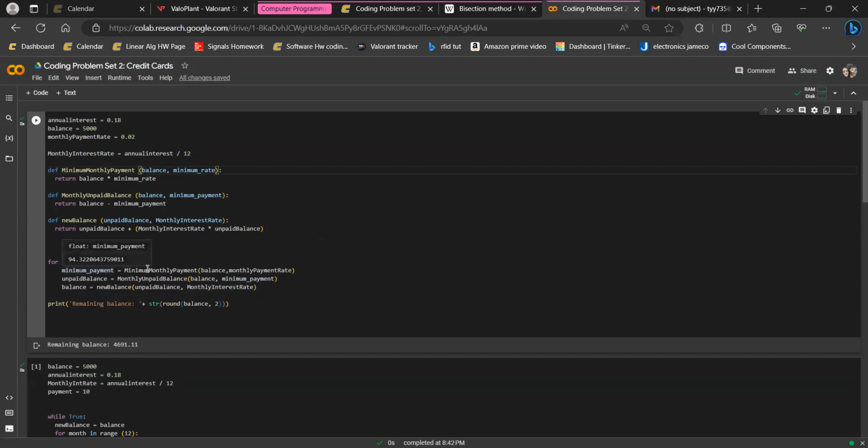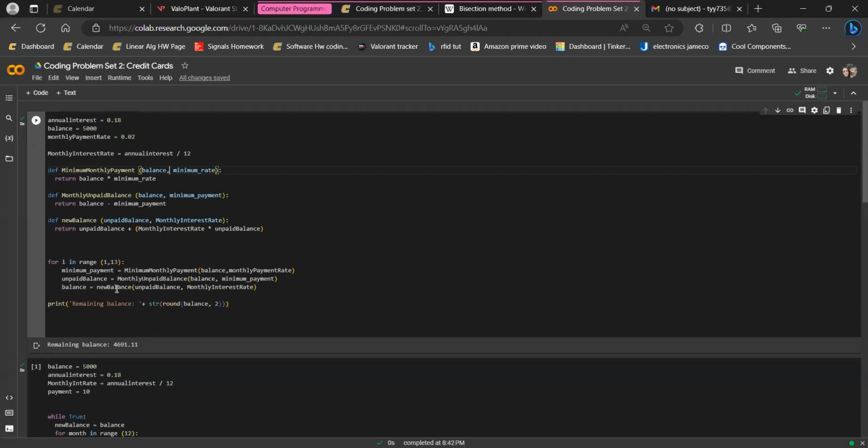So we're iterating through this. Then we're seeing what the unpaid balance is. And we're saying that the monthly unpaid balance is a formula of the balance and the minimum payment. We go here, we see that it just returns the balance subtracting the minimum payment that you had to make. Then we're creating a new balance.